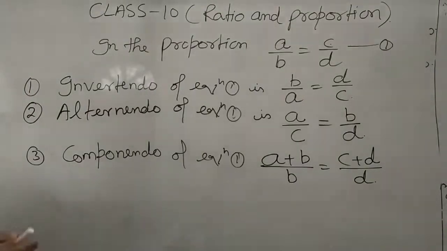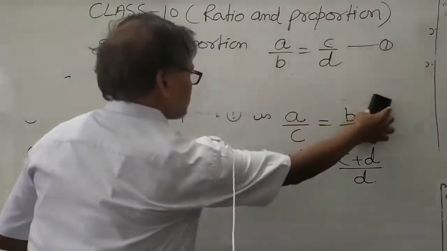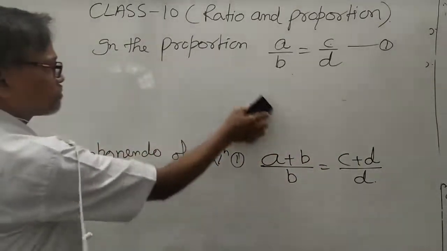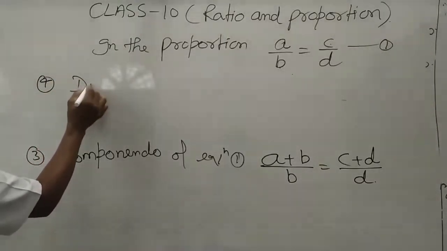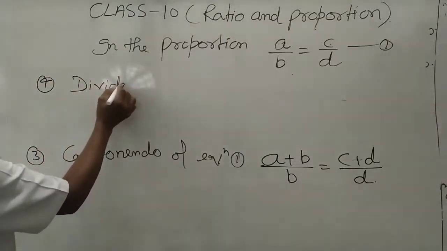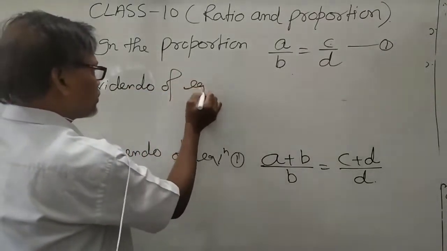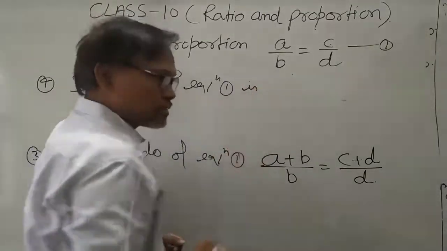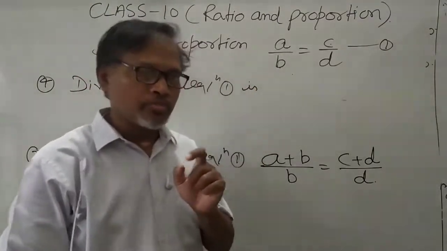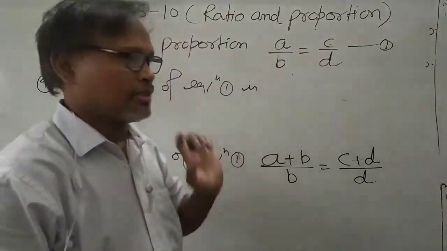Then the fourth one is dividendo of equation 1. In this you have to subtract 1 on both sides.